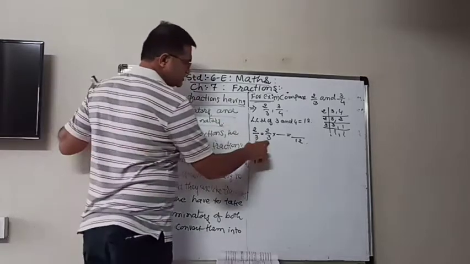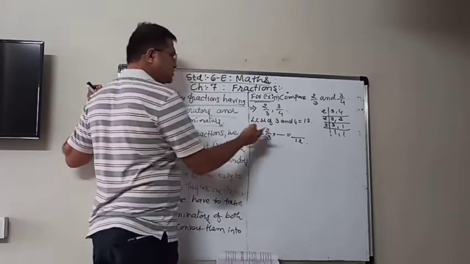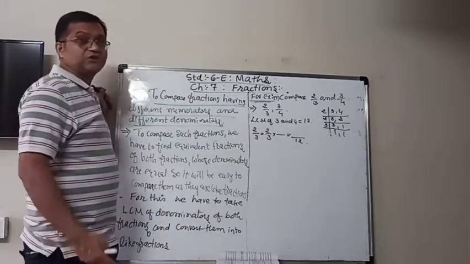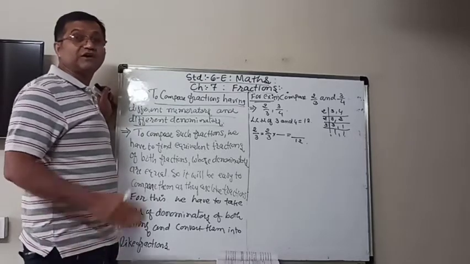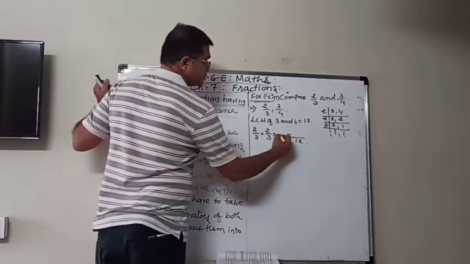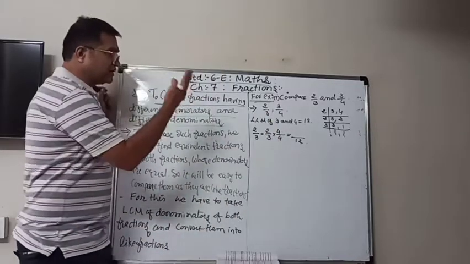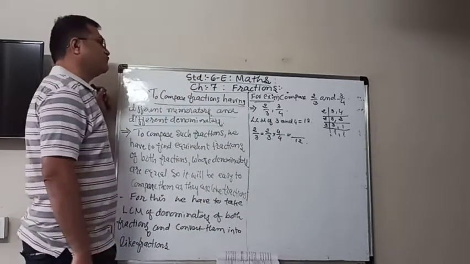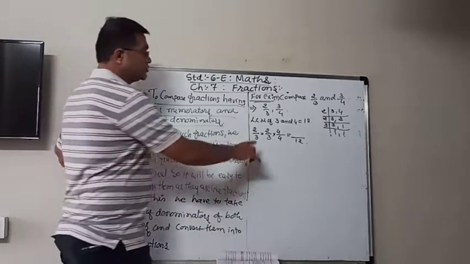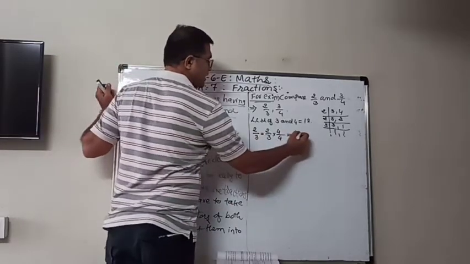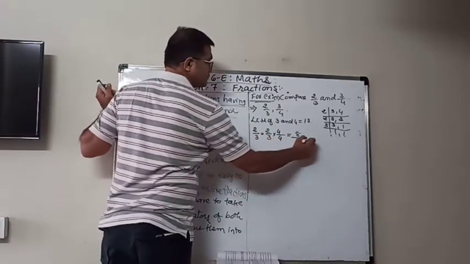With which number must we multiply 3 to get 12? 3 4s are 12. It means we have to multiply numerator and denominator both by 4 upon 4. So 2 4s are 8 and 3 4s are 12.